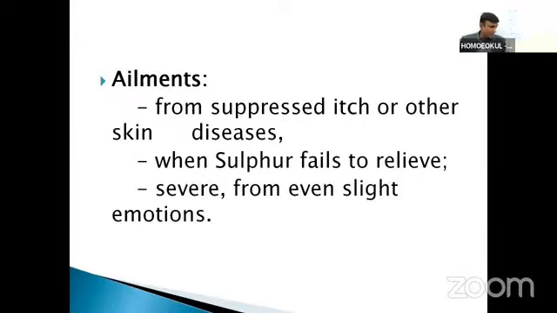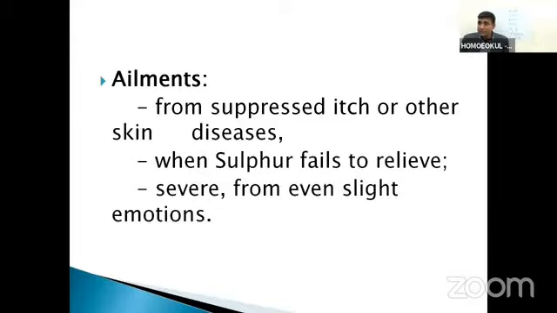Ailments now. Ailments from suppressed itch or other skin disease, very, very important for MCQ. Ailment from suppressed itch or skin disease when sulphur fails to relieve. Complaints after suppression of itch or suppression of skin eruptions.